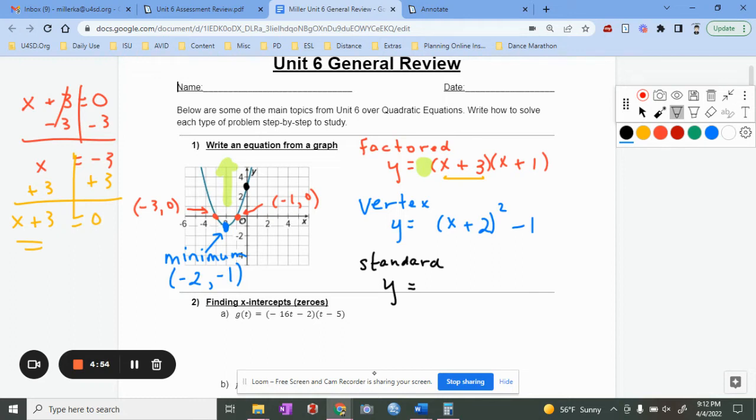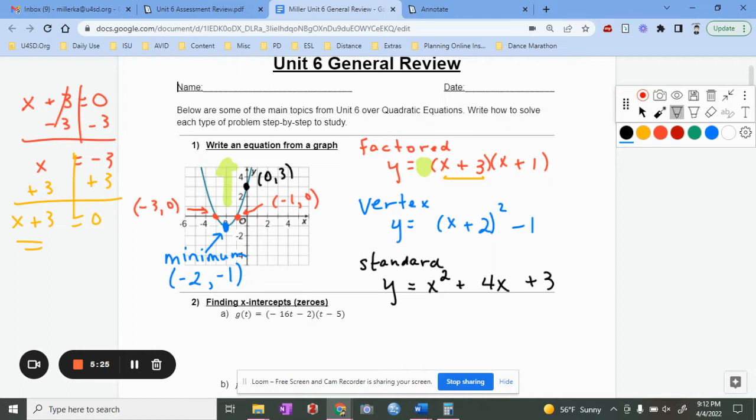Notice that we are at 0, 3, so I know that I need a plus 3 at the end. So if we are using the box method to multiply this together, you are going to end up with x squared plus 4x plus 3. If you don't know what I mean by the box method, we will review that further down in this review.